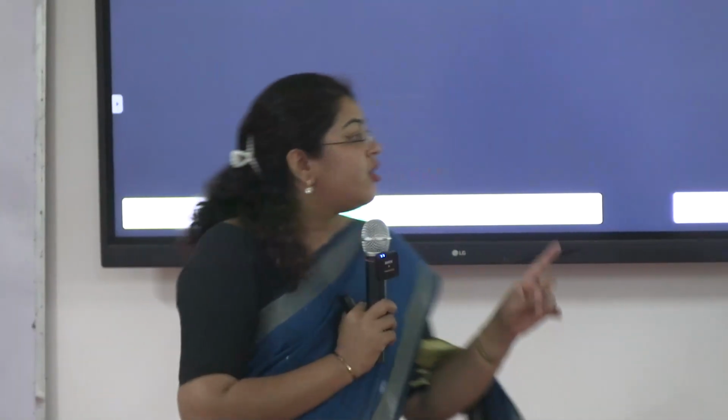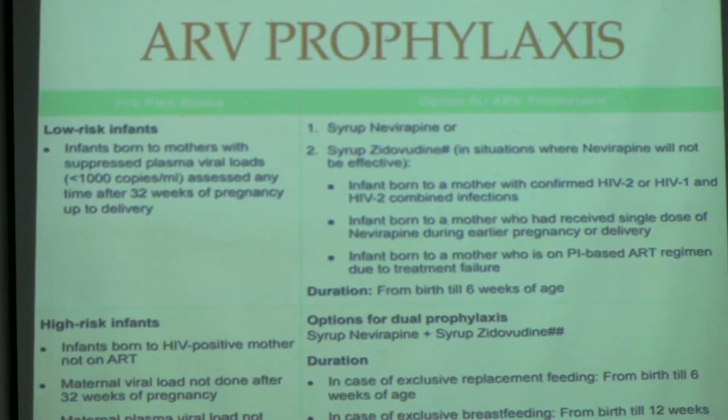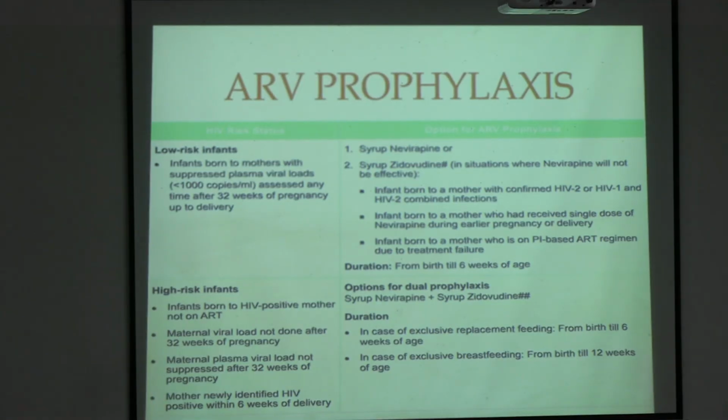So, how do we differentiate which baby gets what and till which time? Please focus on this. There are two boxes. We have a high risk infant and we have a low risk infant. A low risk infant is any infant that is going to be born to a mother who has a low viral load.